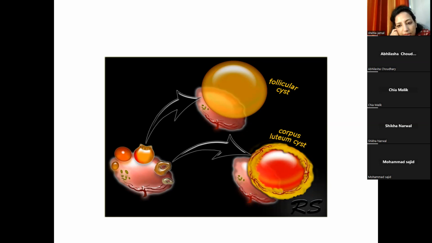And the fate for this corpus luteum cyst is also the same. It should wane off during this menstrual cycle. If it is persisting, then maybe after 1 or 2 menstrual episodes, it should go off.